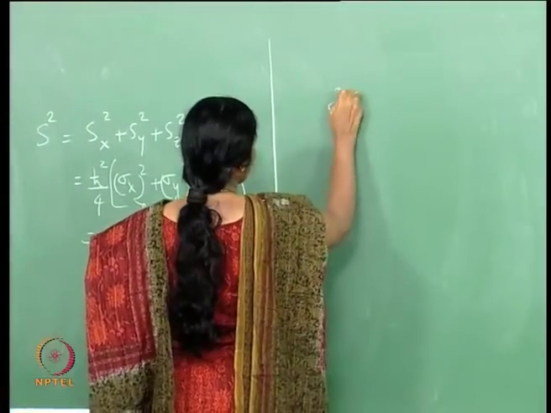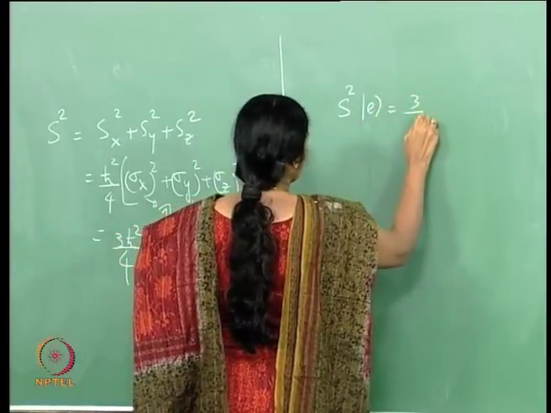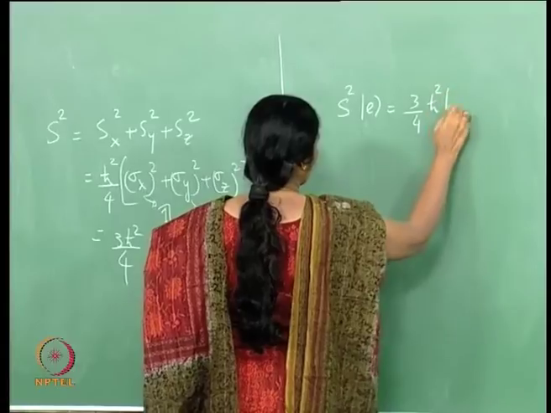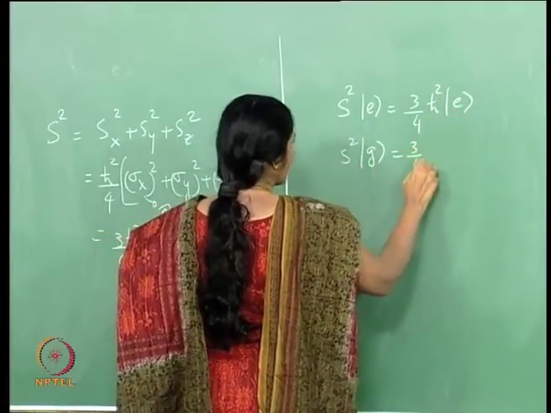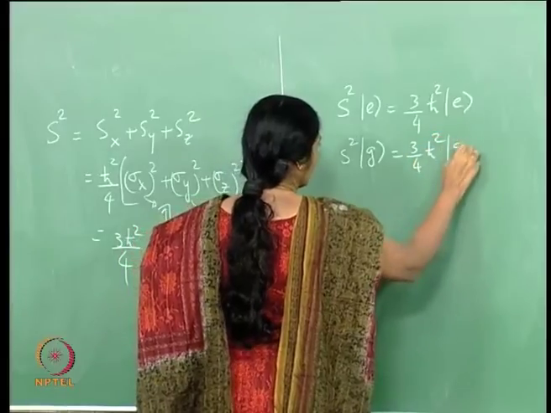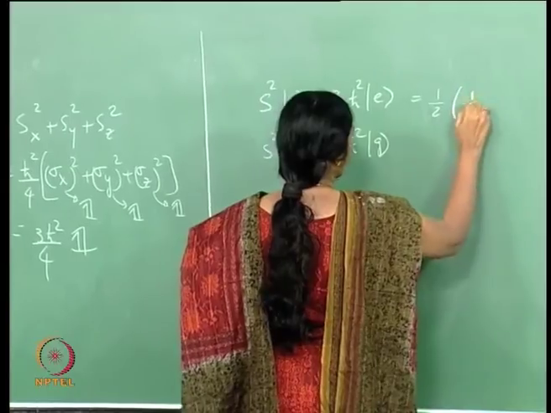It is clear that when S squared acts on ket e, it simply gives me 3/4 ħ squared ket e, and S squared acting on ket g gives me the same thing. I would like to write this as 1/2 into (1/2 plus 1).